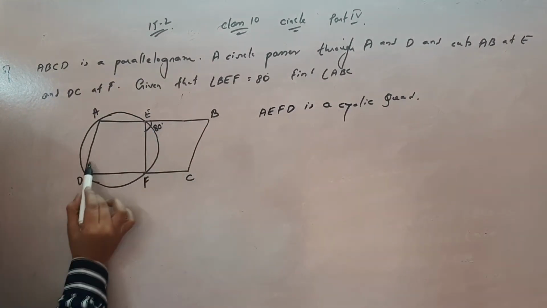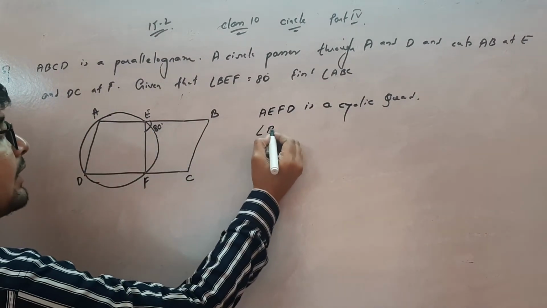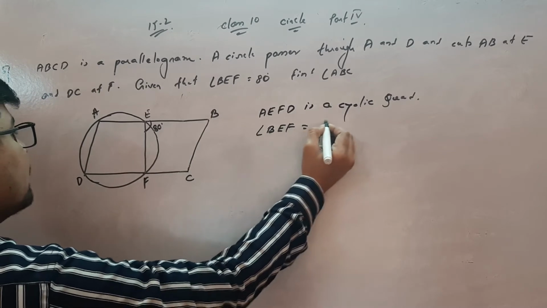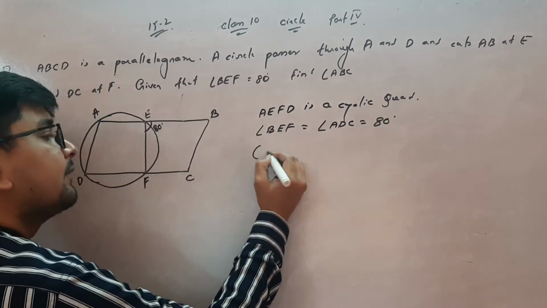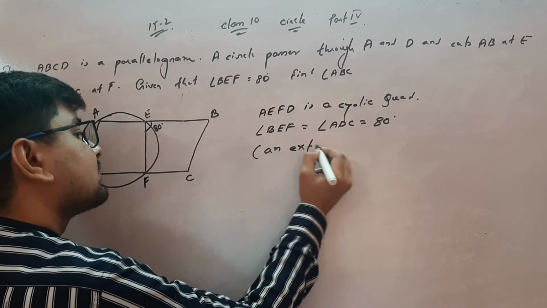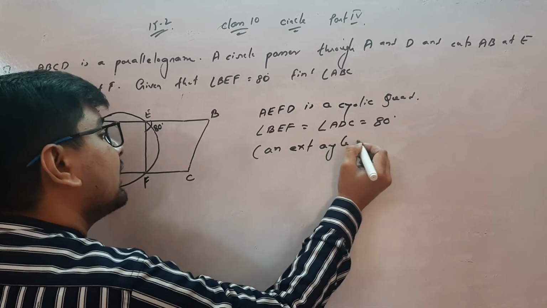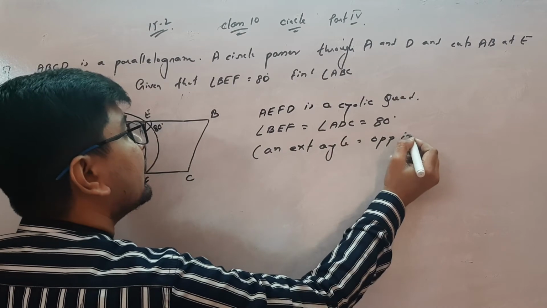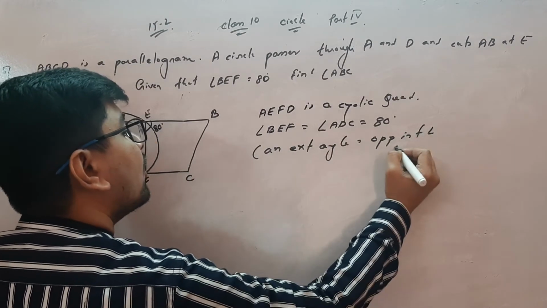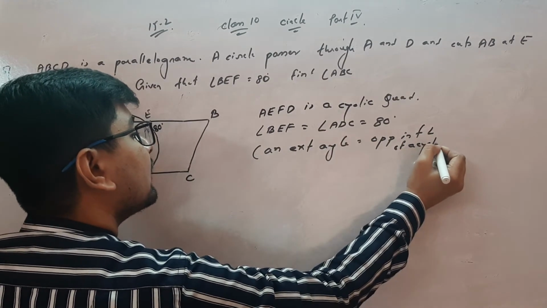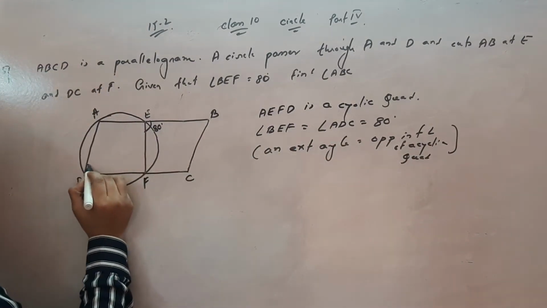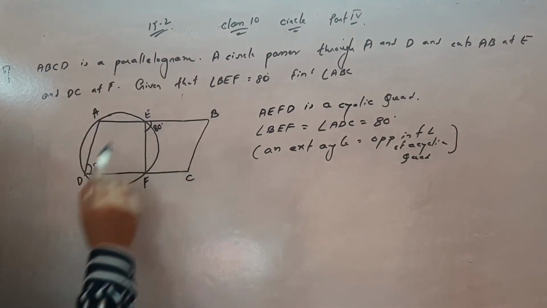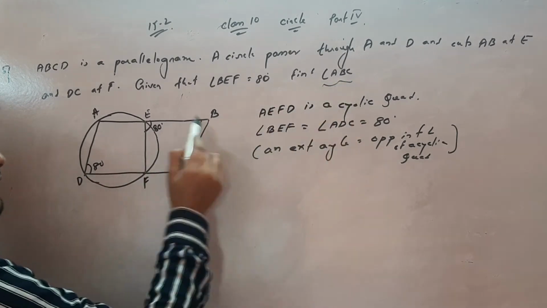So angle BEF equals angle ADC equals 80 degrees. Reason: an exterior angle equals the opposite interior angle of a cyclic quadrilateral. So this one is 80, but we need to find the value of ABC.